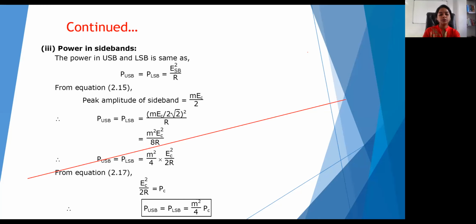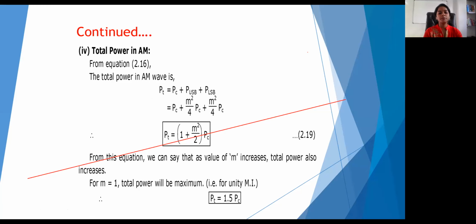You can also calculate the total power for the upper sideband and for the lower sideband. Then we will have total power represented as P total is equal to 1 plus m square by 2, with PC, the power of carrier, outside the bracket. Okay, so total power is nothing but 1.5 of PC.